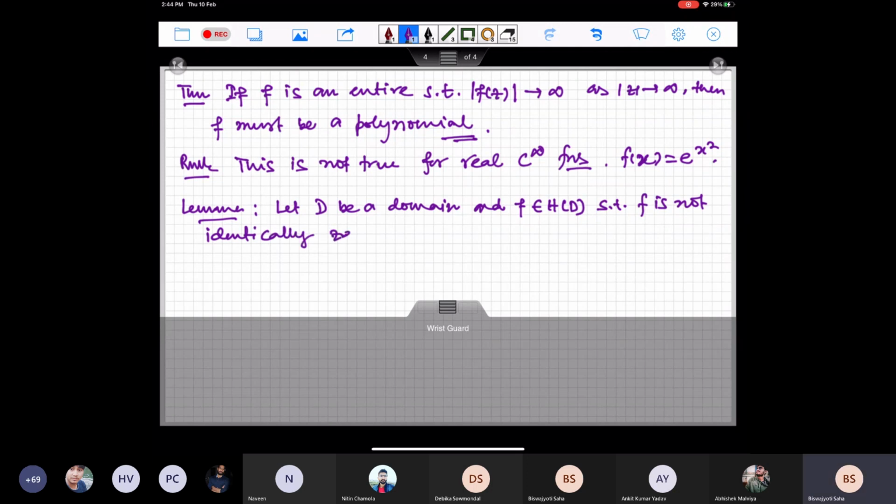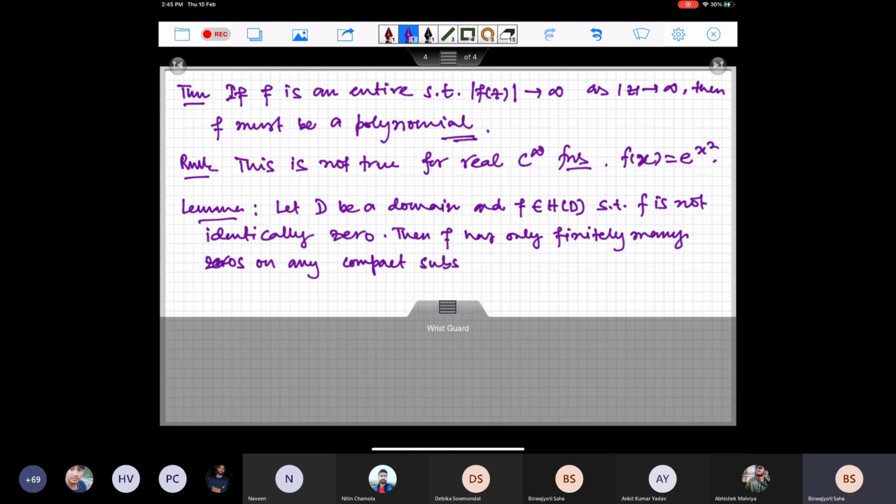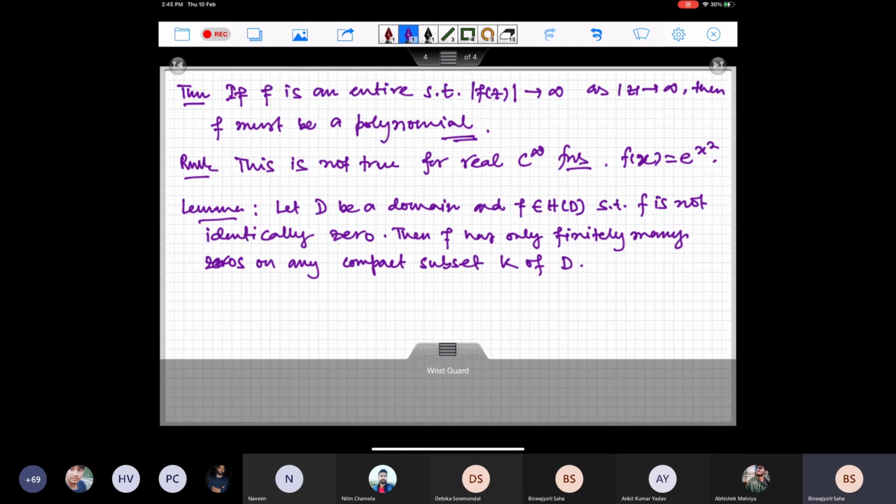If f is not identically 0, then f has only finitely many zeros on any compact subset K of D. Okay, so what it says is that if you have a holomorphic function which is not identically 0, it can have only finitely many zeros on any compact subset.